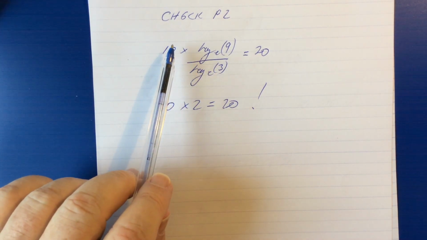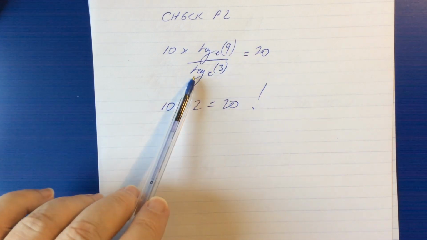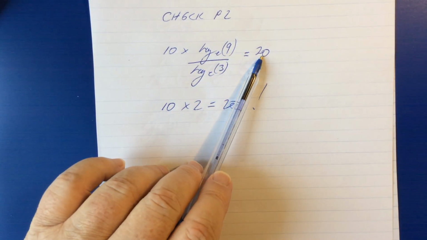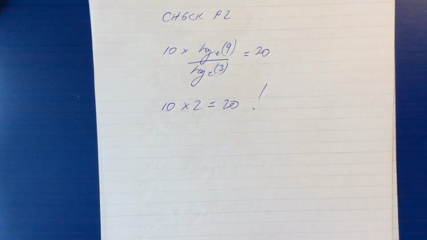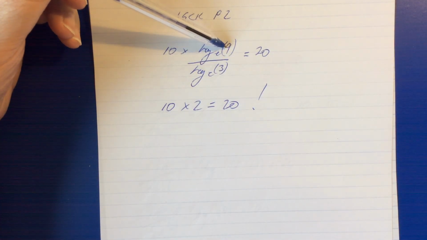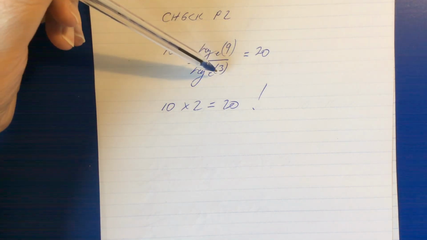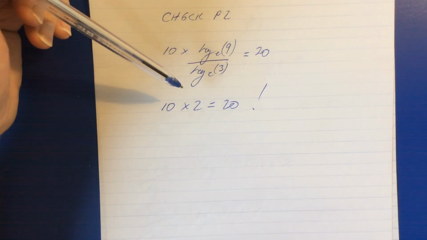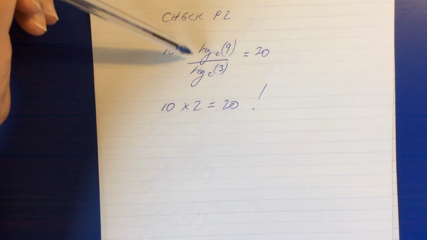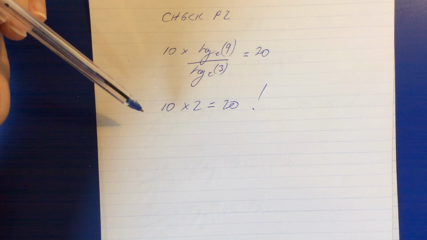And I have 10 times this value equals 20. Now what does this equal? Well, surprise, surprise, it equals 2. It does not equal 3. It equals 2. And that's probably another video on log rules on its own. But you can put this into a calculator and check. You'll get 2.